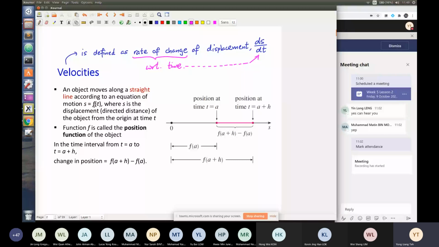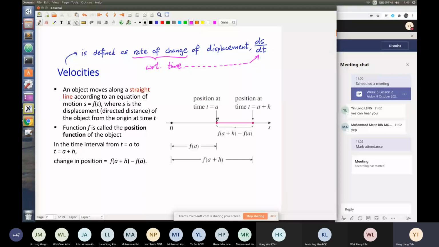So hence, after some time t, for example, the particle travels from this point to this point, so there's a change in displacement. Okay, there's a change in displacement. So therefore, this change in position, or change in displacement, is given by the function value at t equals a plus h minus the function value at t equals a.